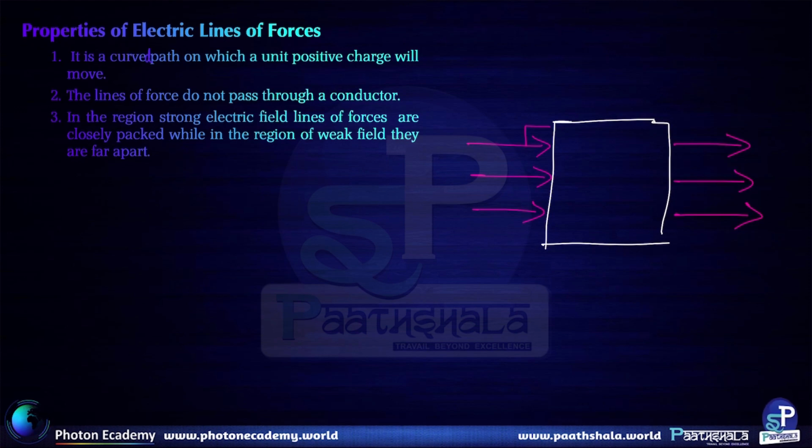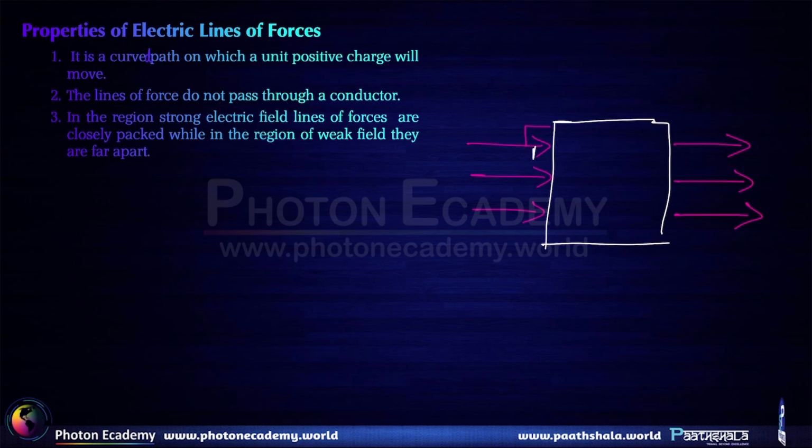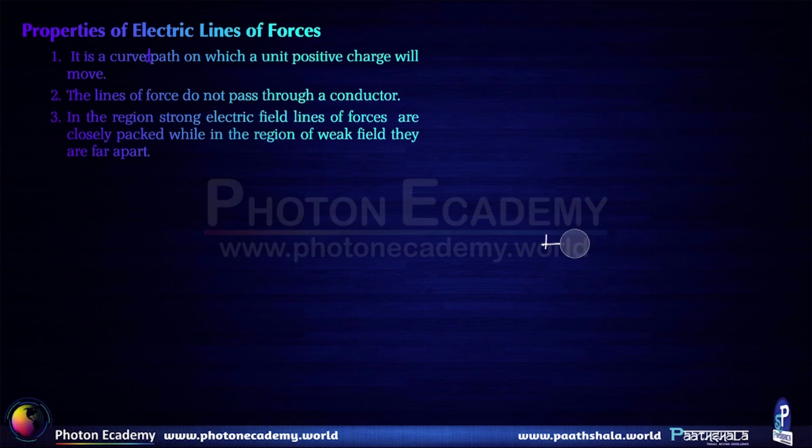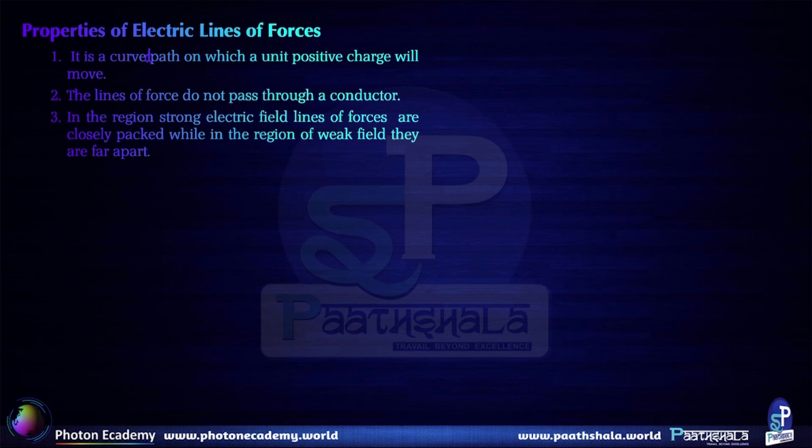Since the surface of a conductor is also an equipotential surface, the electric field lines will be perpendicular to the surface of a conductor, like this. In a region of strong electric field, the lines of force are closely packed, and in a region of weak electric field, the lines of force are far apart.